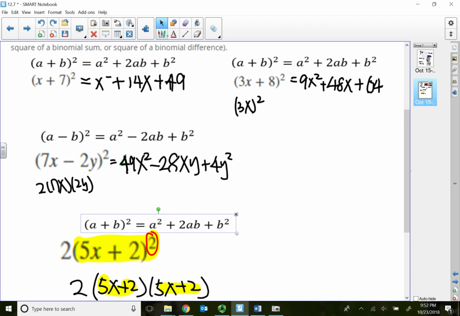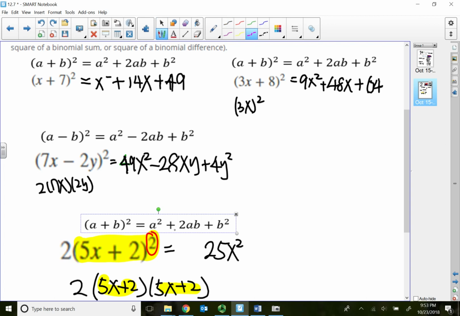My A is 5x, my B is 2. So when the formula calls for a squared, that means I take my A, which is 5x, whole thing squared. So 5 squared is 25. X squared is x squared.